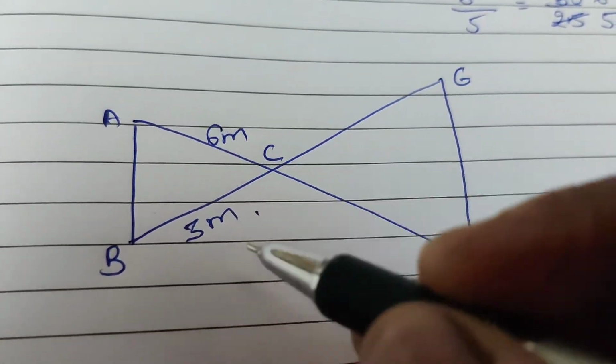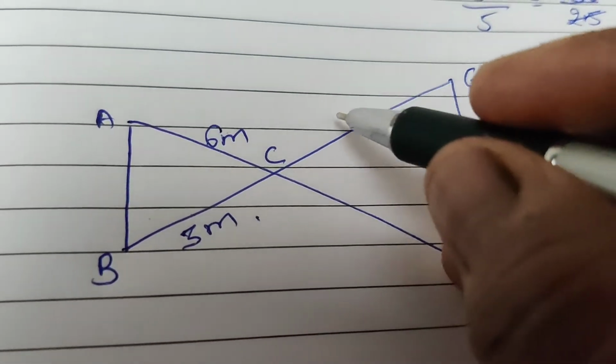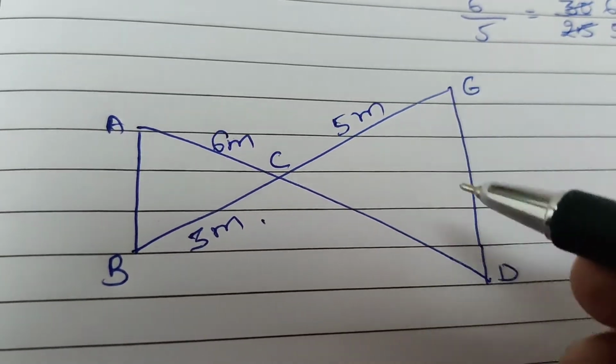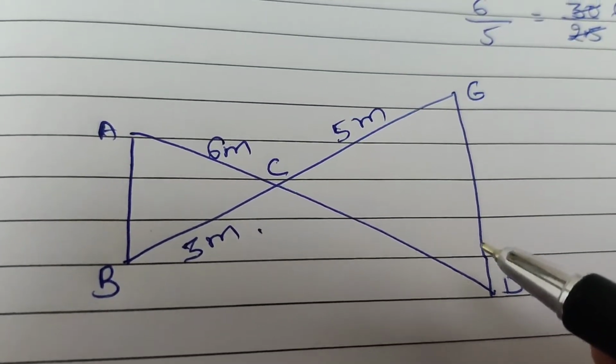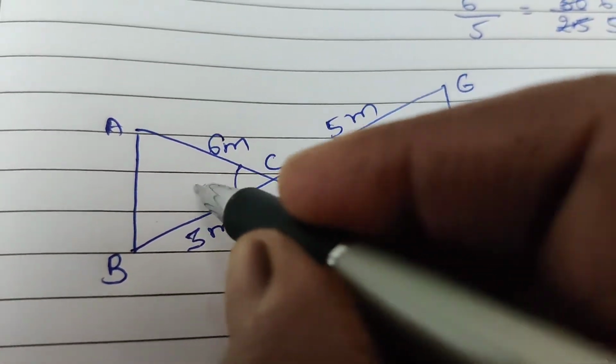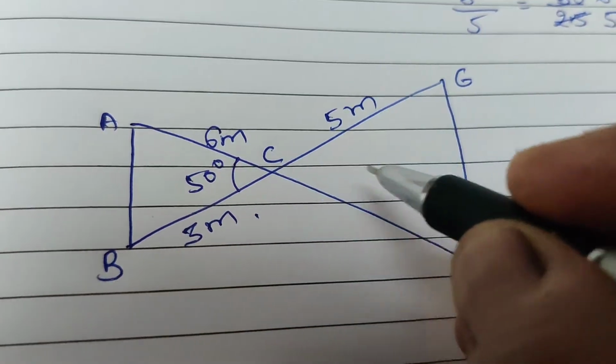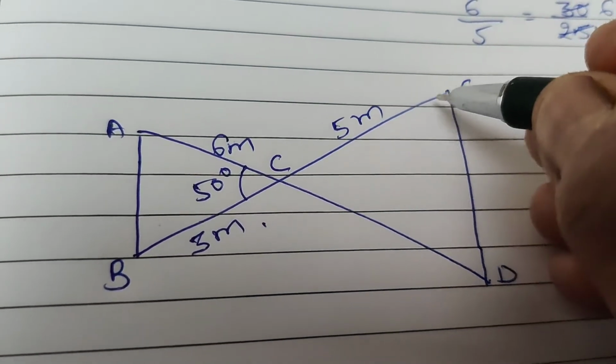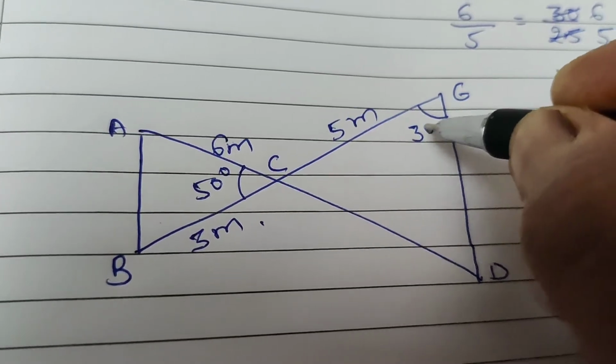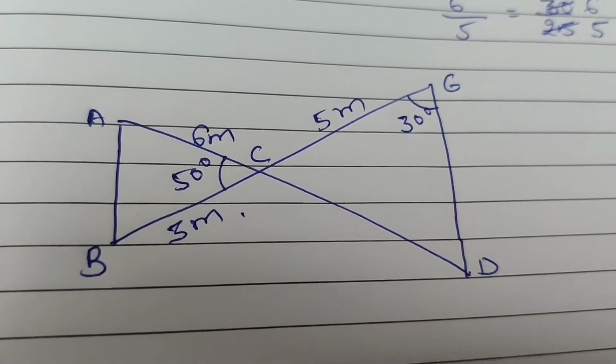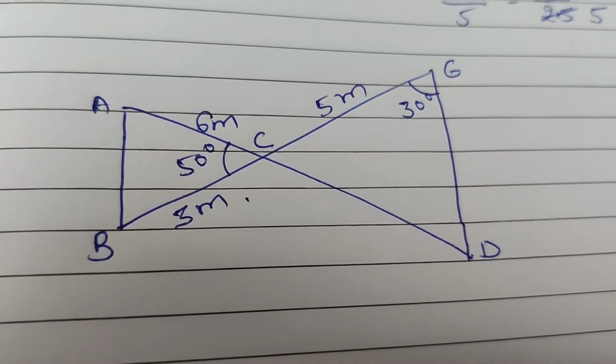Okay, and CE 5 meter and angle ACB 50 degree. This angle equal to 50 degree and angle E equal to 30 degree. Okay, now first we have to prove these two triangles are similar.